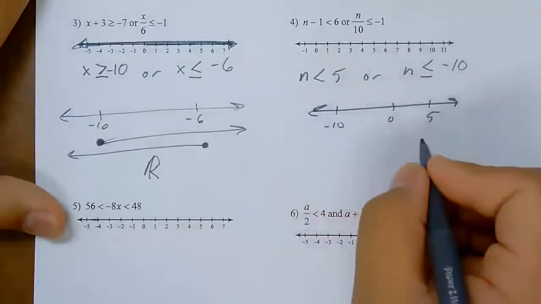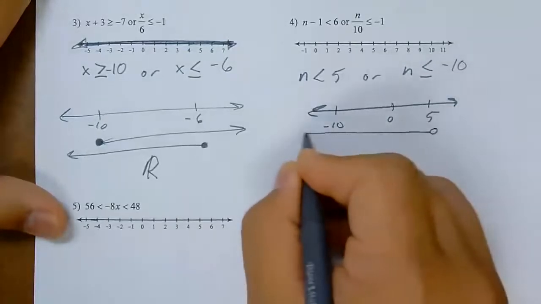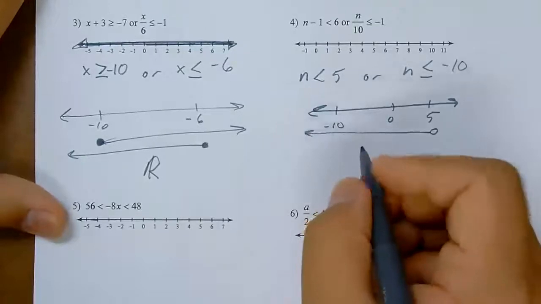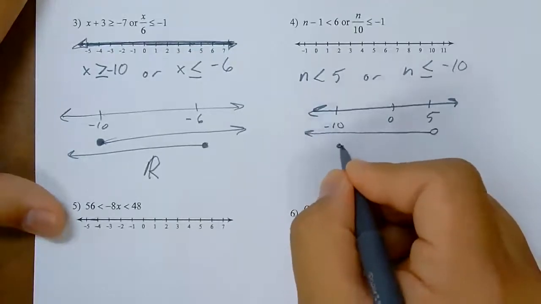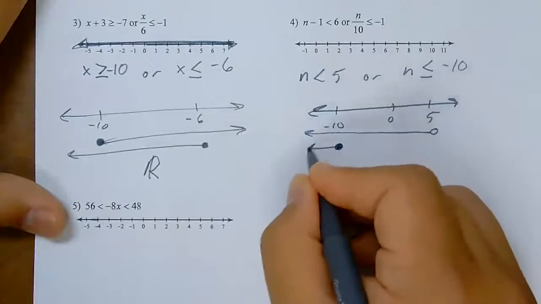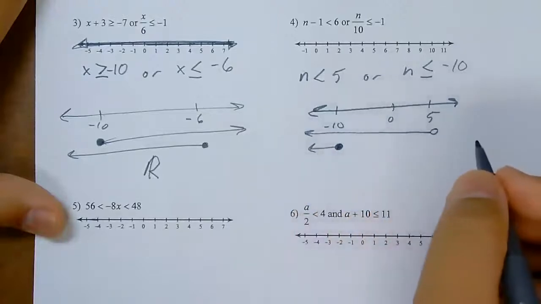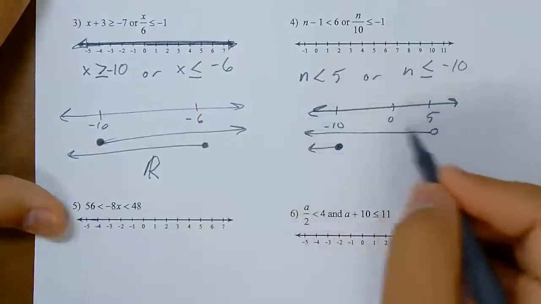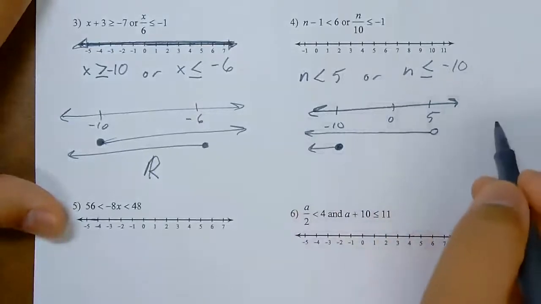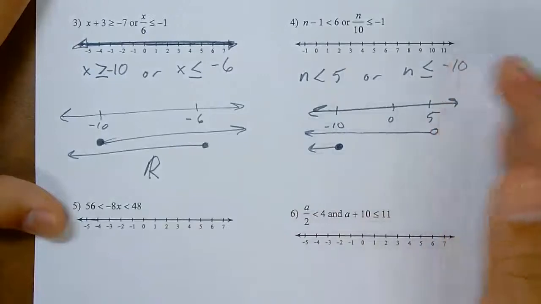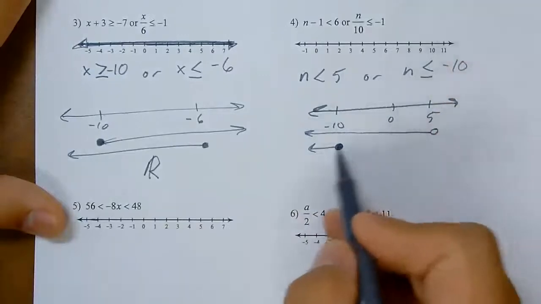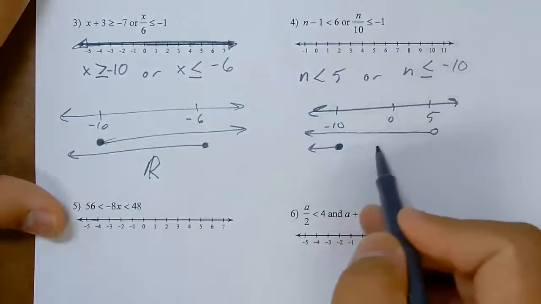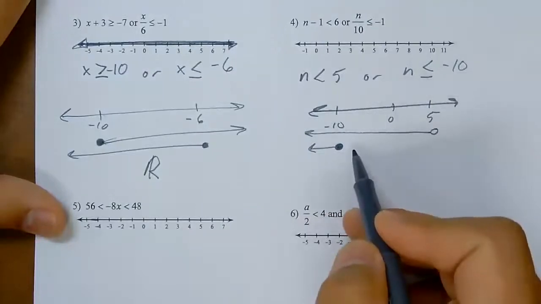Okay, so n is less than 5. Open circle at 5, going left. n is less than or equal to -10. Closed circle, going left. In this case, anything that's 5 or greater is not going to satisfy any of these. So we know everything to the right of 5 is no good. But this space in between, which one is it?